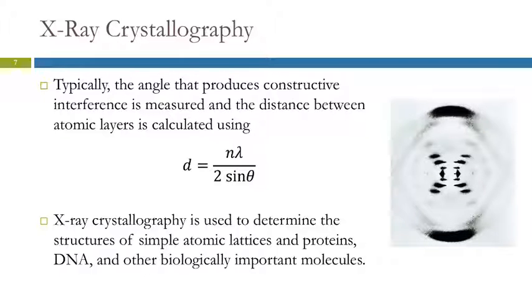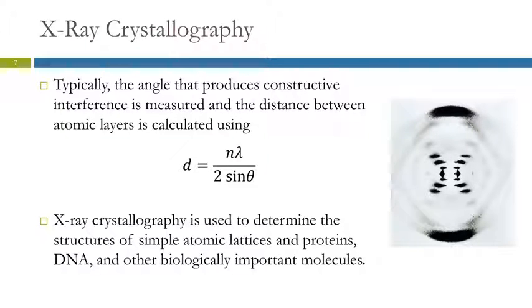X-ray crystallography has been used to study a lot of things. The double helix structure of DNA was discovered using X-ray crystallography. And this is a picture of the diffraction pattern that was seen. Now you look at that and it really just doesn't make much sense at all.